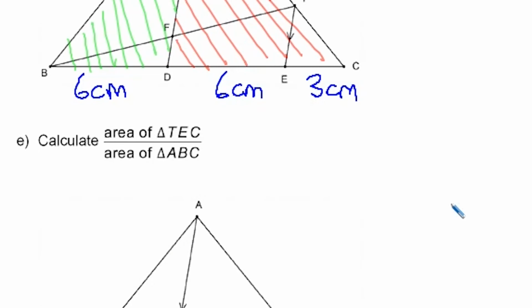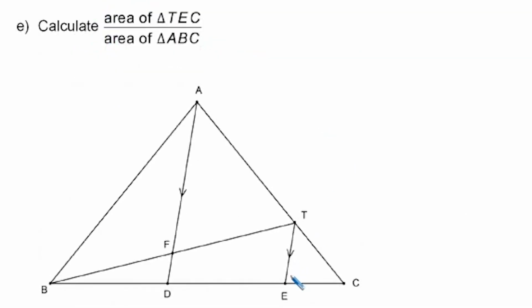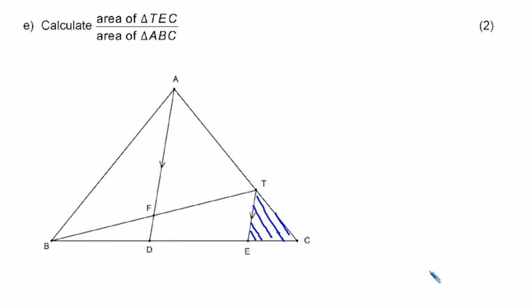The next one says calculate the ratio of this little triangle here to the whole triangle. Now this is slightly more interesting, because this triangle is actually similar to this triangle. Remember this was 1K and this was 2K.